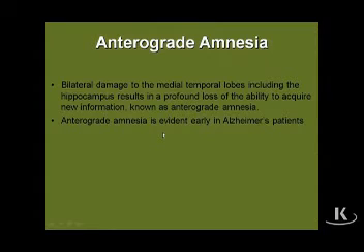The classic cause of Alzheimer's dementia is degeneration of neurons in the hippocampus. And the form of amnesia that develops is known as anterograde amnesia, where the patient cannot form new short-term memories from a recent event.